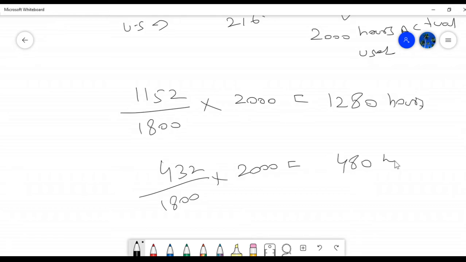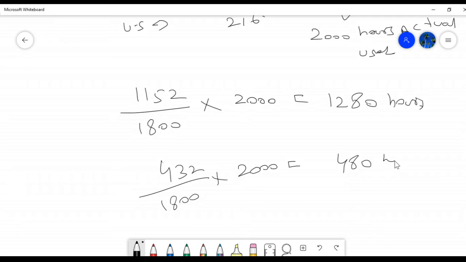Similarly, we have to do it for 216 divided by 1800 into 2000 equal to how much will come? 240 hours.